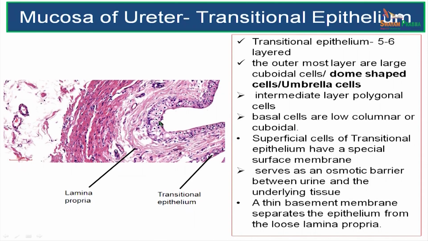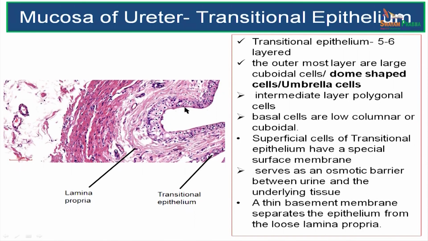Cells of the intermediate layer are polygonal, and cells of the basal layer are low columnar or cuboidal. I repeat, there are 5 to 6 layers in an empty wall of the ureter. The outermost layer is dome shaped cells, cuboidal cells or umbrella cells. Intermediate layer is polygonal cells, basal cells are low columnar or cuboidal.